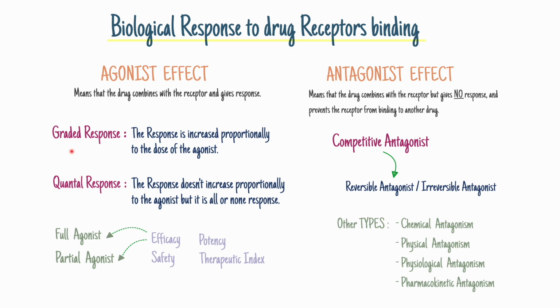In quantal response, potency is defined as the concentration that is able to prevent the disease in 50% of the tested subjects. You have, for example, 100 rats and you test on them a specific drug for arrhythmia, and you reach a specific concentration that prevents arrhythmia in 50% of them. Then this is the potency, okay?